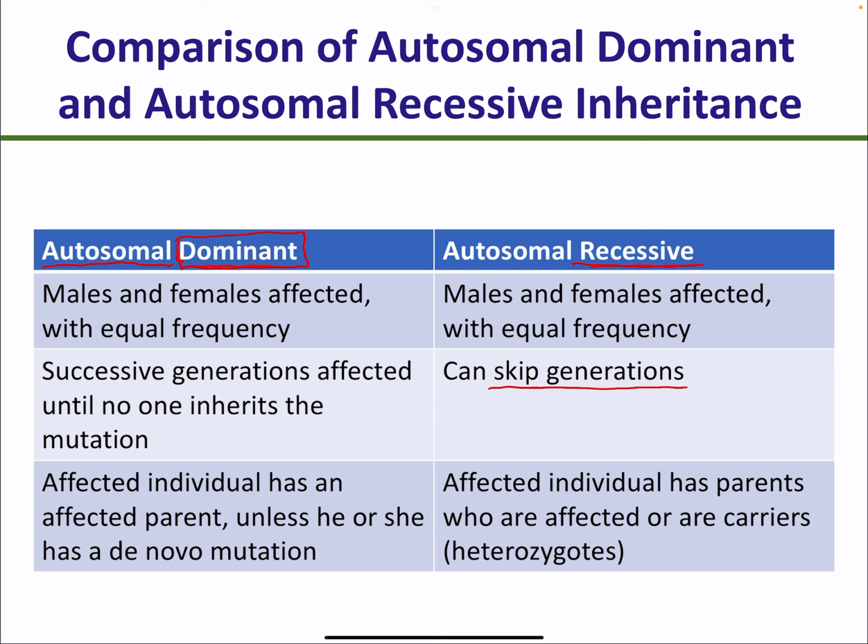And then the final thing you want to remember in terms of mode of inheritance is that anytime an individual is going to have a dominant allele, right, that individual is going to be affected once they have one single dominant allele.